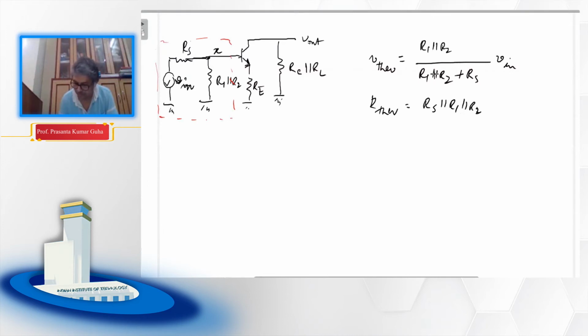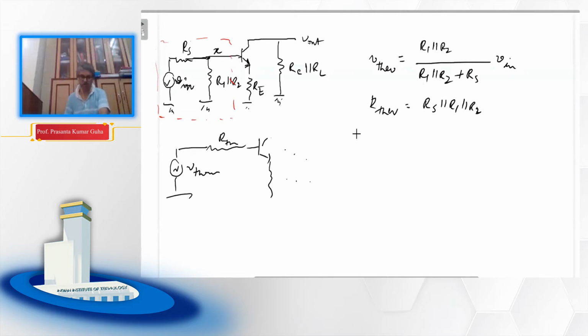If we do that, we can straight away redraw this circuit with this as your V Thevenin and everything changed to R Thevenin, and then have your RE and RC parallel RL and all that.